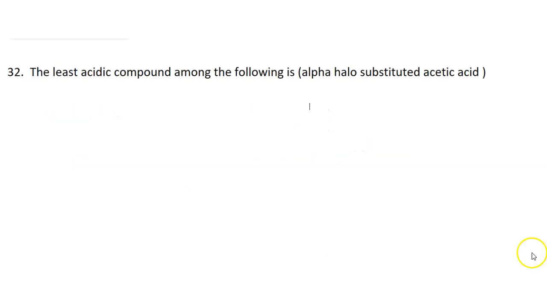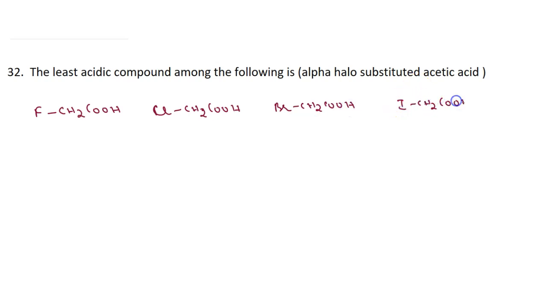Moving to next question. The least acidic compound among the following is. So the compounds given were... So here if we observe minus I effect, fluorine exhibits most minus I effect followed by chlorine followed by bromine and followed by iodine.